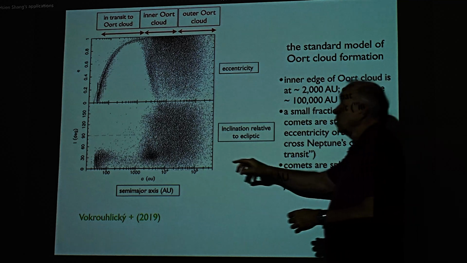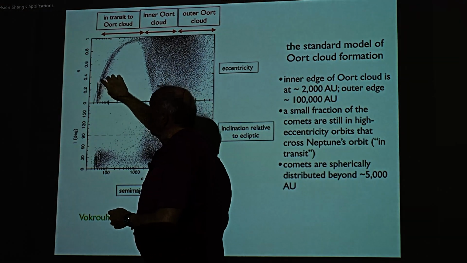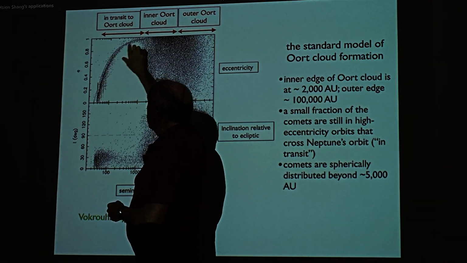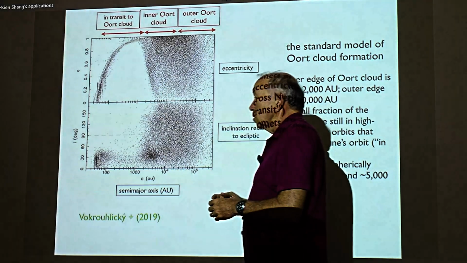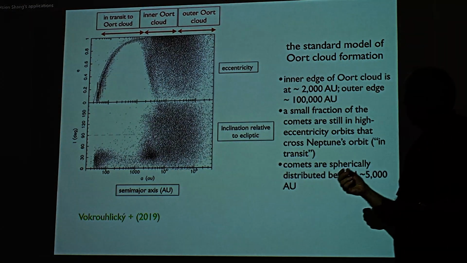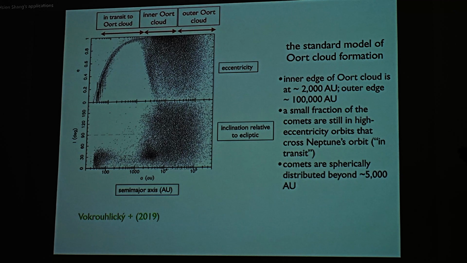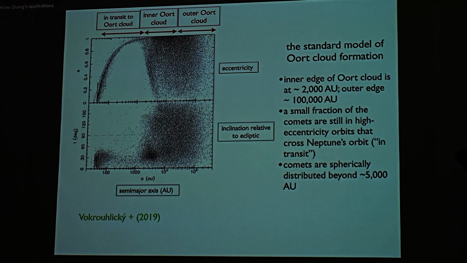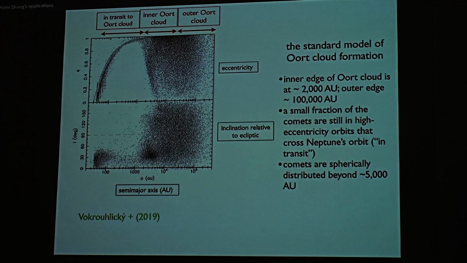These are the comets that are still in transit. It occupies this particular locus because that's the locus at which the perihelion distance is in the region of the giant planets, so they're still getting kicked by perturbations with the giant planets.